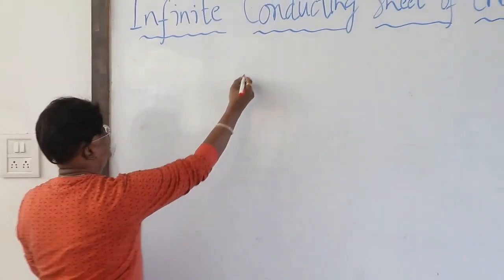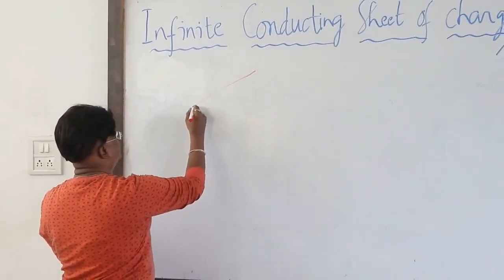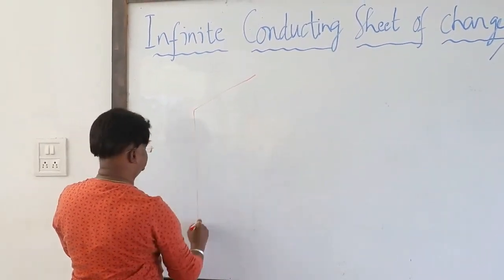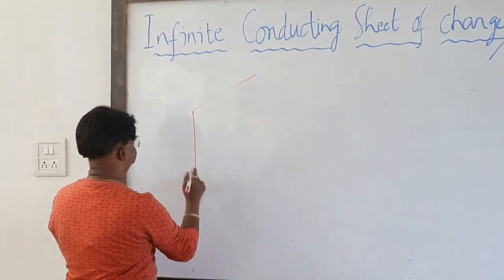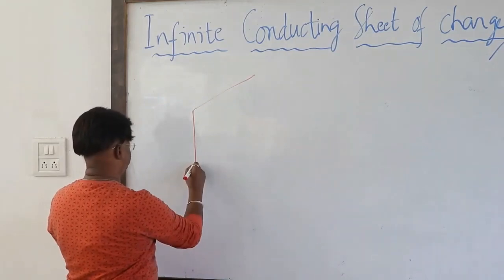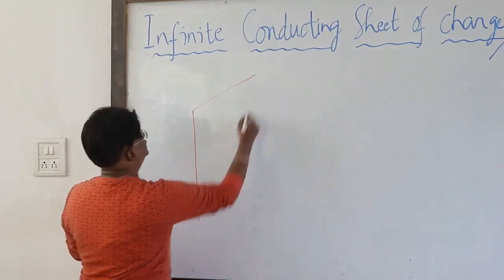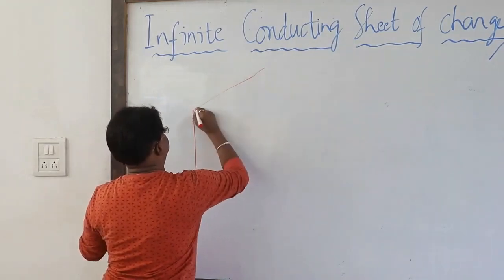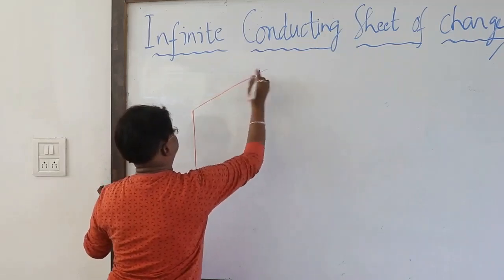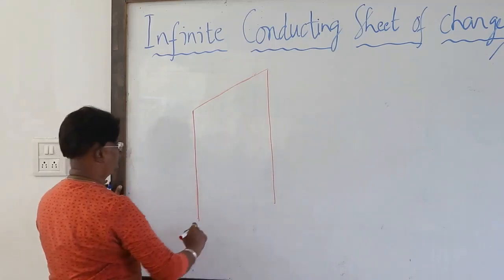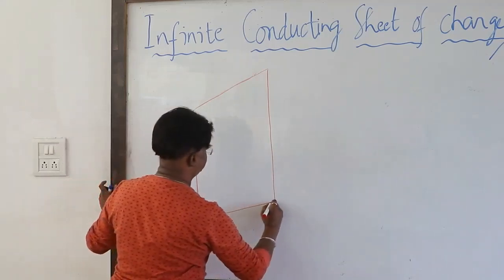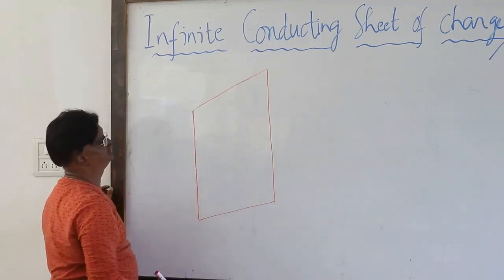So this is my representation of that sheet, the sheet of charge. This red is not that much visible. Please focus, give a pause, watch it carefully. Right, this is a sheet of charge.